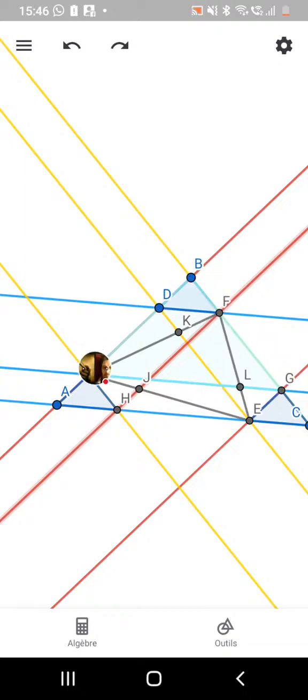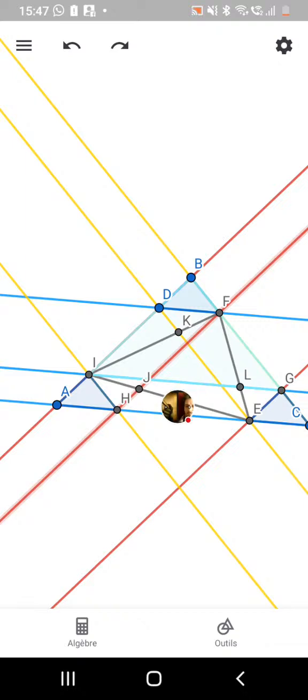In the light blue rectangle BIG, this over this is equal to this over this is equal to this over this. So we've got the same ratio for IH over IE and EK over IE and EL over EF.